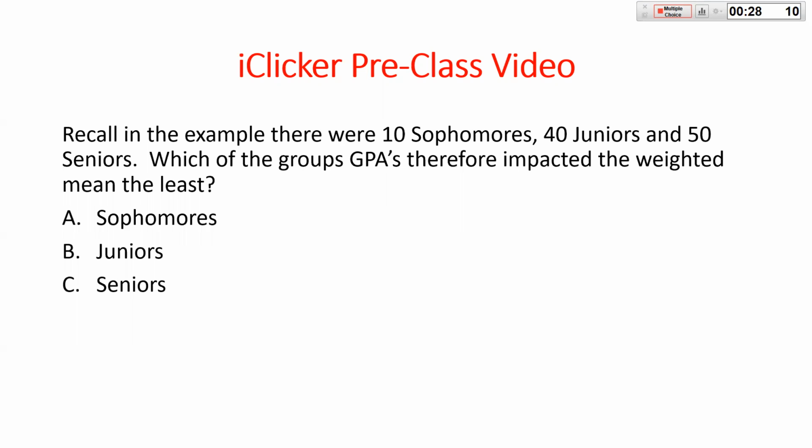The video was covering weighted means. So if I'm calculating the weighted mean, which one of these 3 groups would influence that mean the least? Given that there's 10 sophomores, 40 juniors, 50 seniors, we just saw the GPA of each one of those groups. Which one of those would influence the weighted mean the least?